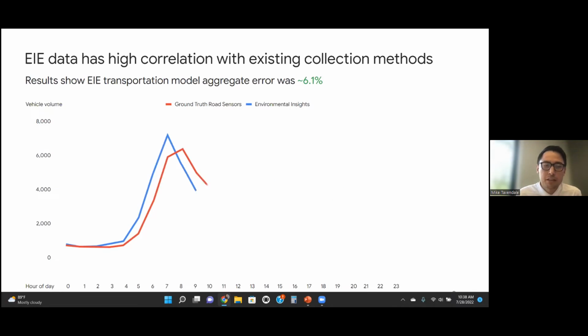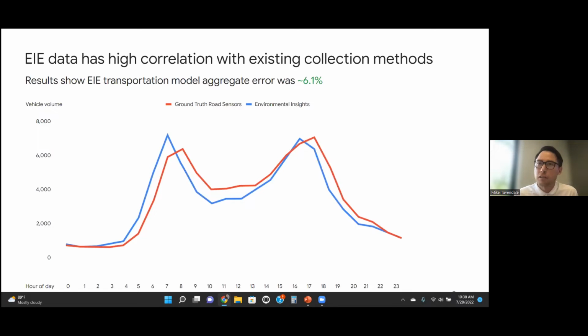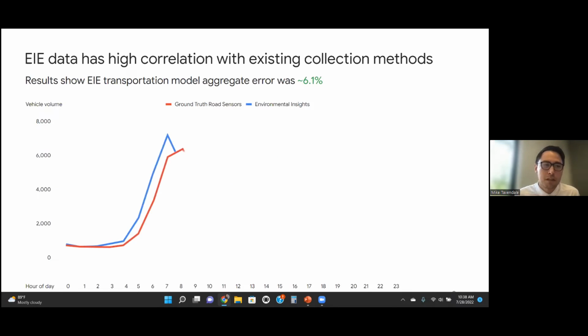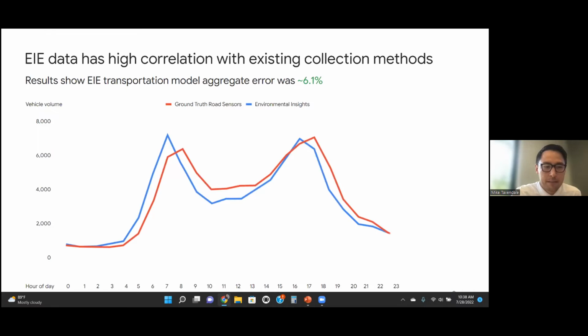And what we're seeing is the modeled total vehicle counts from EIE were within around 6.1% of the actual vehicle counts, which is very promising. Again, that's not to say there aren't exceptions. And so as mentioned, we're always very interested to work with cities and partners to see how this looks in other parts of the country. Next slide.